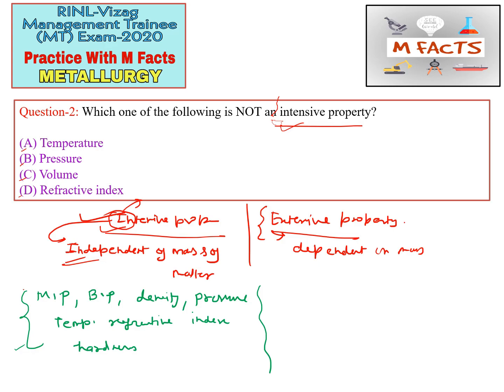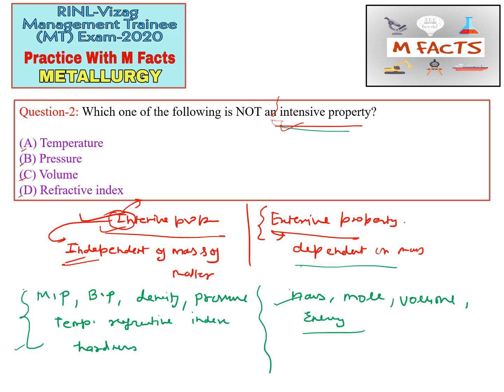Okay, so this is the extensive property, and the examples of extensive properties are those that depend on the mass. We can say mole, volume, and energy are all extensive properties. From here we can see that they are asking which one is not an intensive property, meaning which is an extensive property.